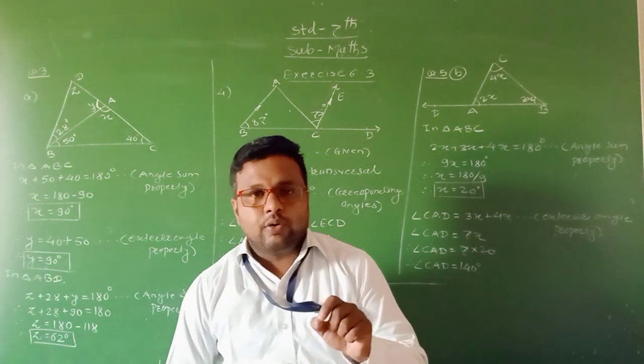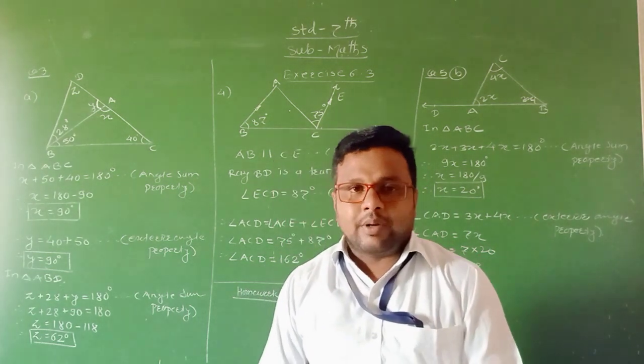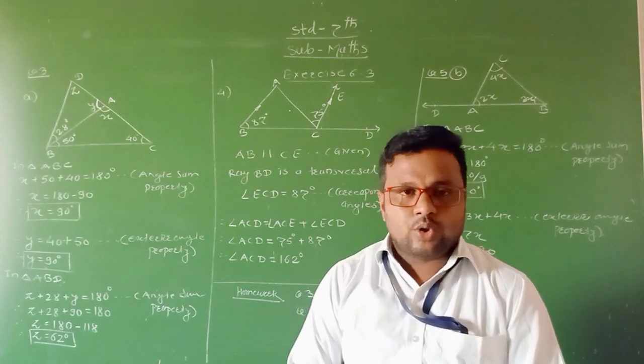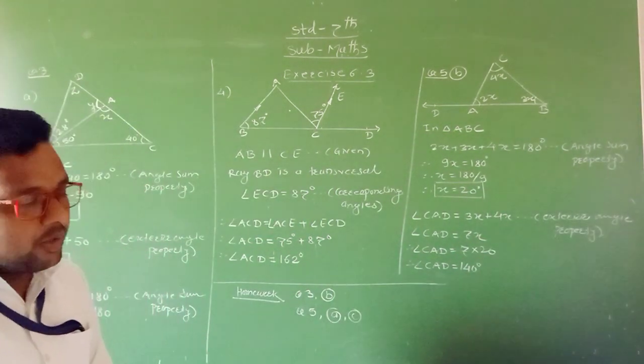In this way we find the value of x, y and z by using different properties according to the given figure. Okay student? Now see the next question, question number 4.